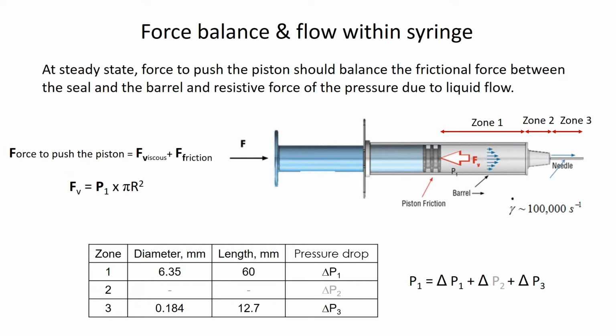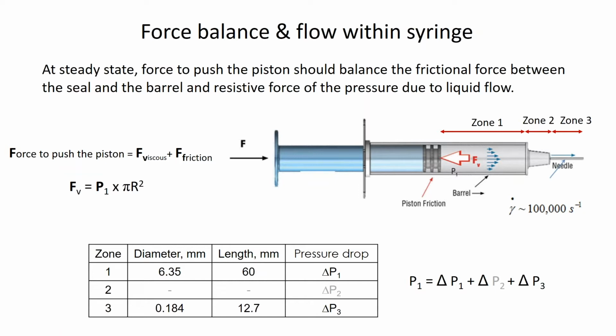One is any friction that's within the system. Mainly this would come from the friction between the piston and the barrel. And then the obvious one would be the resistance of the fluid to the flow, so a viscous force basically opposing it. We're going to assume that the friction force is minimal, and we're going to ignore that moving forward.